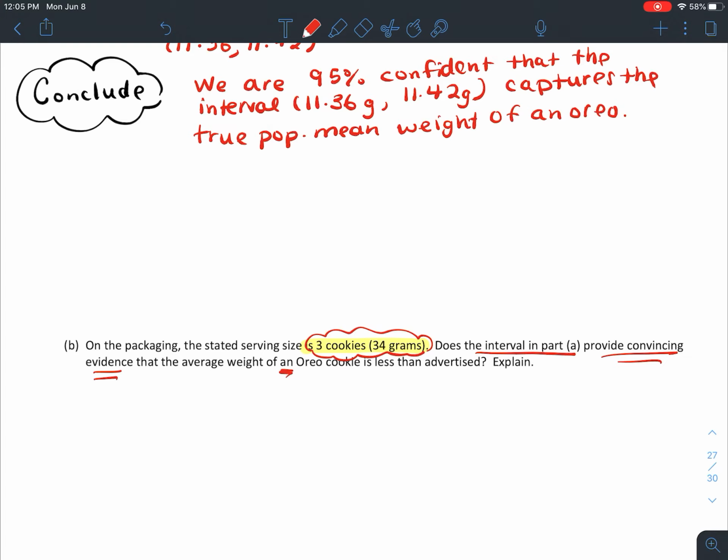Well, keep in mind, the weight that they gave you on the package is the weight of 3 cookies. So our confidence interval is capturing the average weight of a single Oreo cookie. And so that we're talking about the same thing, let's take the 34 grams, which represents the package's weight of 3 cookies. Let's divide that by 3.